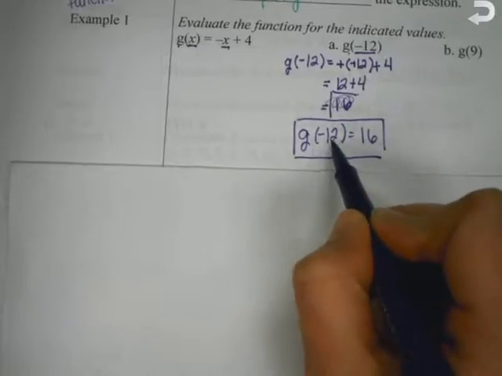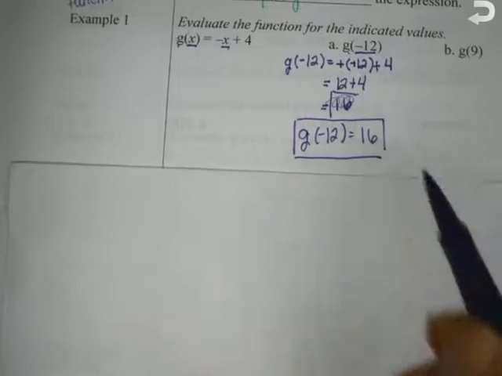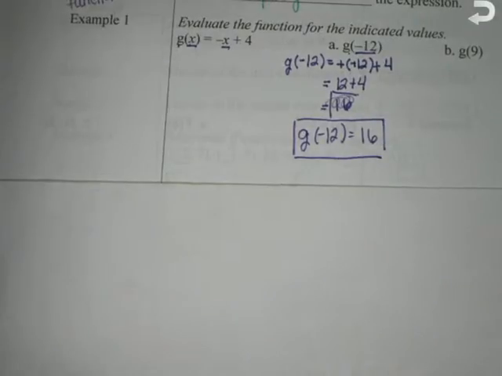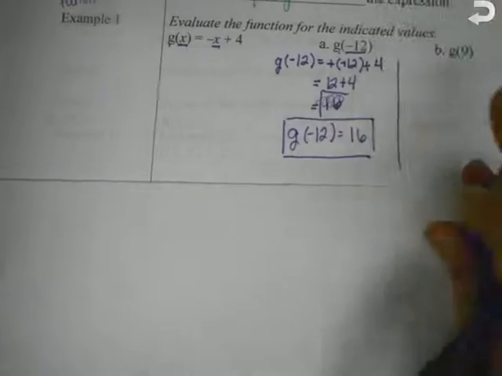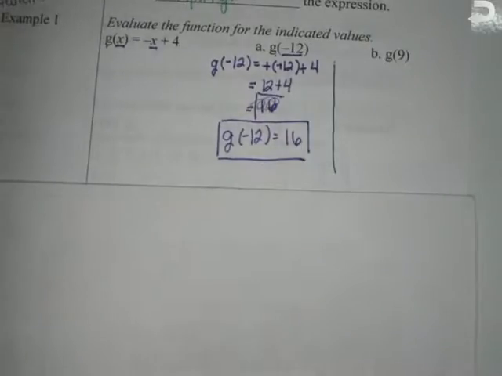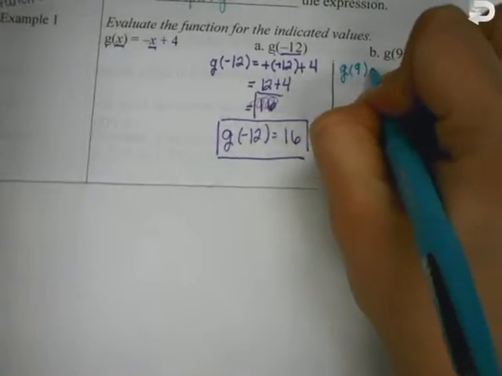Okay? Let's try g of 9. So I'm going to separate this just so my work doesn't get confused. I'm going to use another color. Okay. So g of 9. G of 9 is equal to, where do I plug in 9? In for x.